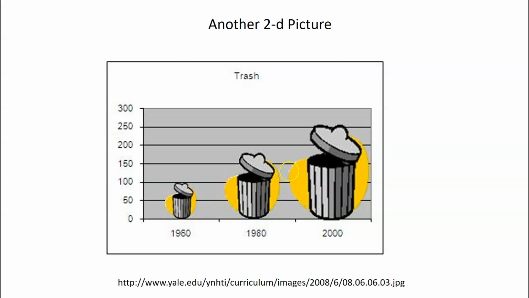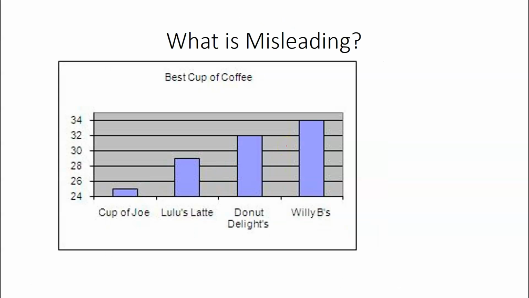Here's another example of just a two-dimensional pictograph, same issue. The garbage can is getting bigger, making it feel weightier over here instead of just simply looking at the heights. So it's not giving us the true nature.